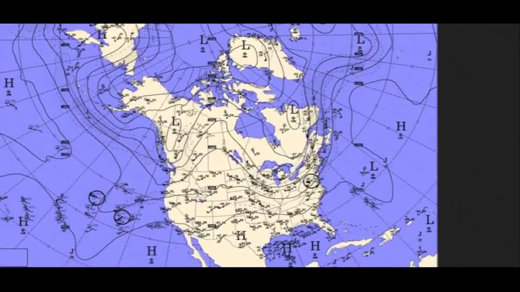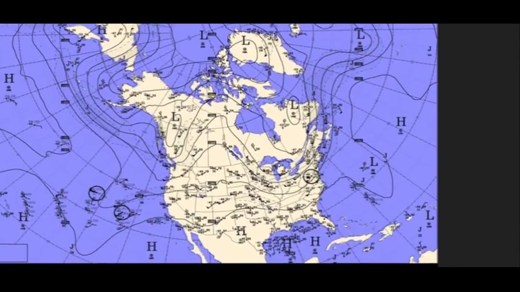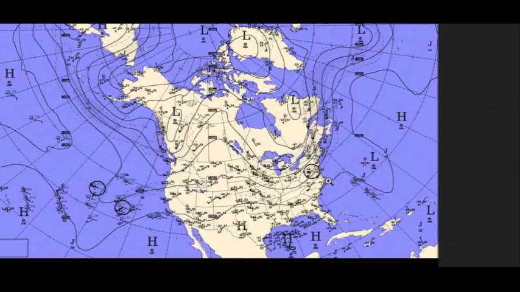Here's what the 250 millibar pattern looks like, and typically when we get recurvature of a storm, we have the approach of a trough. And we don't really see that. In fact, what we see here is ridging across the Great Plains, and Harvey located down right here. So there's very little to move that along.